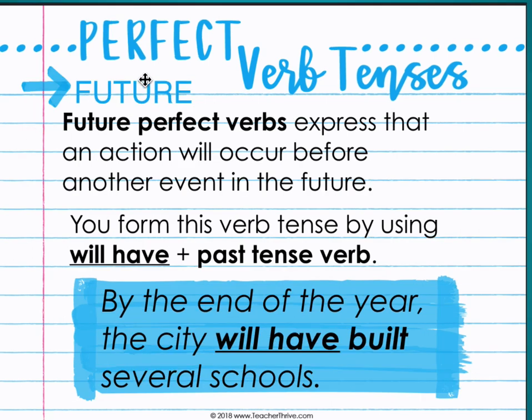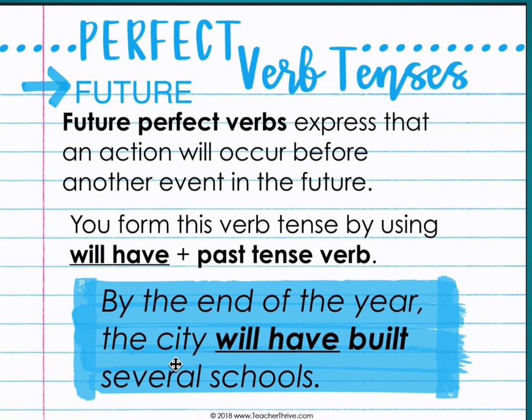Now let's look at future perfect verb tense. Future perfect verbs express that an action will occur before another event in the future. So it's like there are two events happening that are dependent on the other. You form this verb tense by using will have plus the past tense verb.